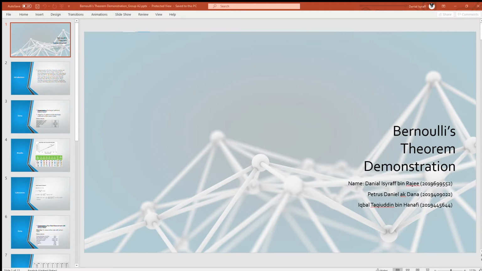So experiment 2 is flow rate measurement with interferometer. Go to the next slide, Nel.